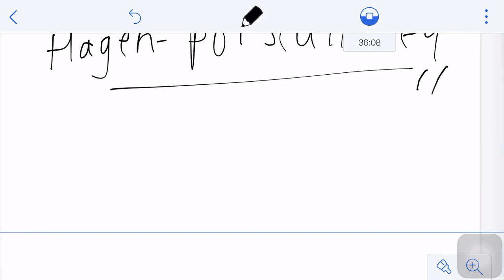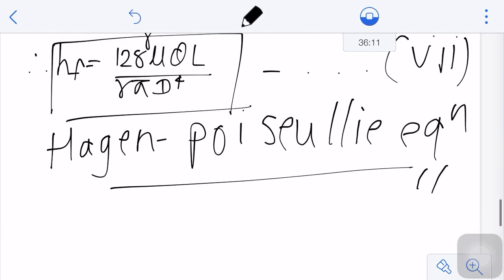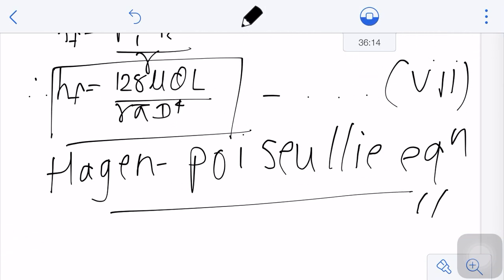If we equate these two equations: the Hagen-Poiseuille equation gives the loss of head due to frictional resistance or the pressure drop for viscous fluid, while in the Darcy-Weisbach formula we haven't considered viscosity; instead, we have considered the friction factor f. So we can equate these two equations and get the equation for the friction factor.